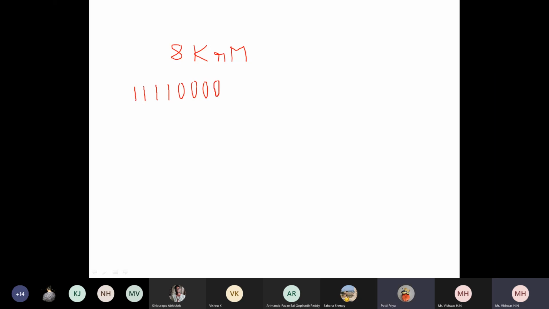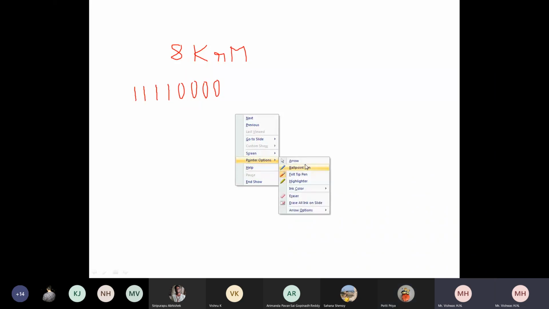So 4 ones and then 0 0, sir? Yes. Am I right? 4 ones and 2 zeros. What is the equivalent binary representation for 60, students? Can you tell that?